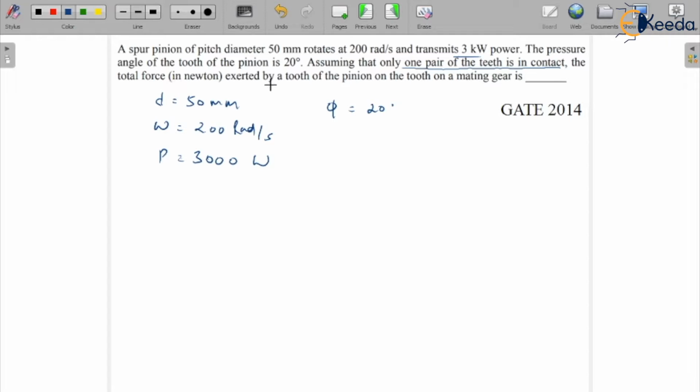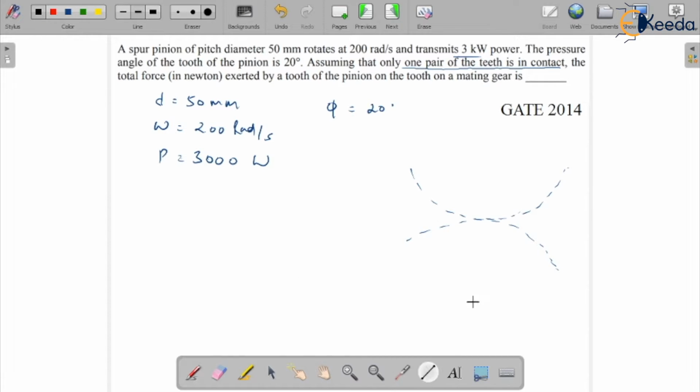The total force exerted by the tooth of the pinion on the tooth of the mating gear is, let me draw the diagram. See, this is the tangential line, that means this is the tangential force.